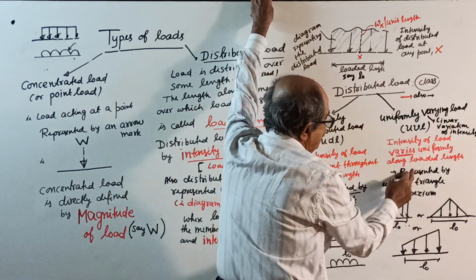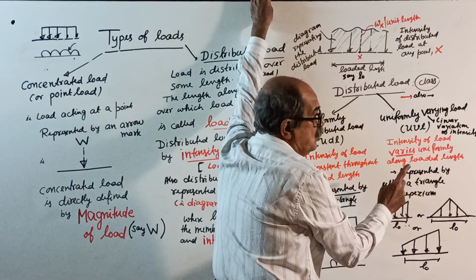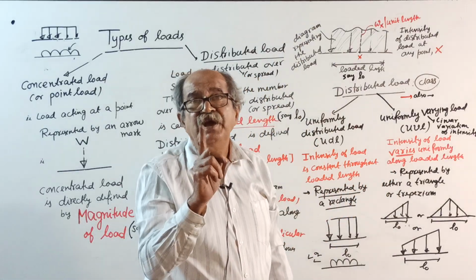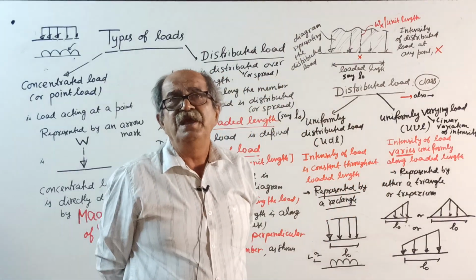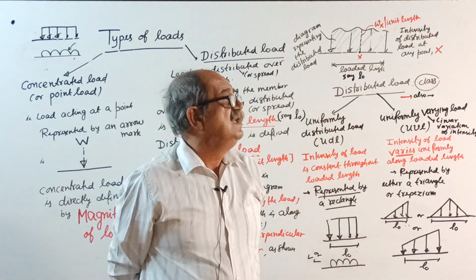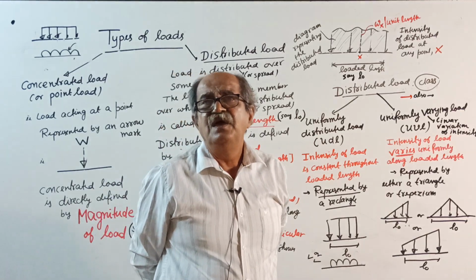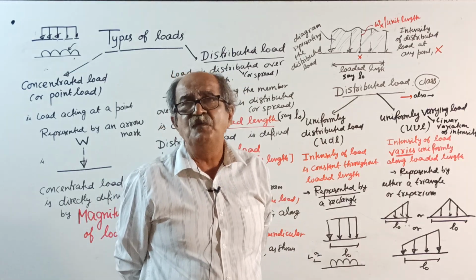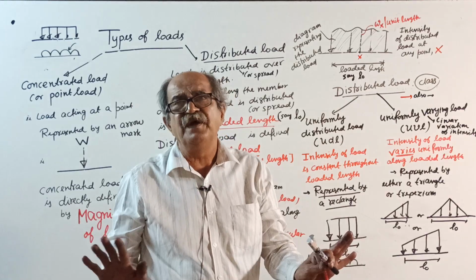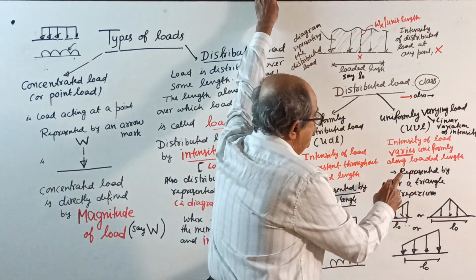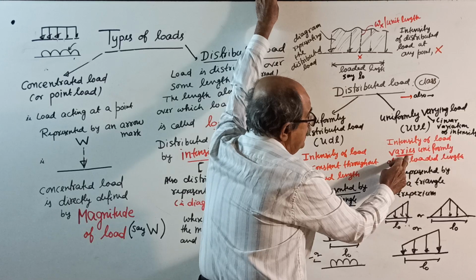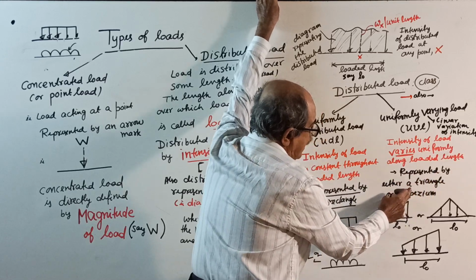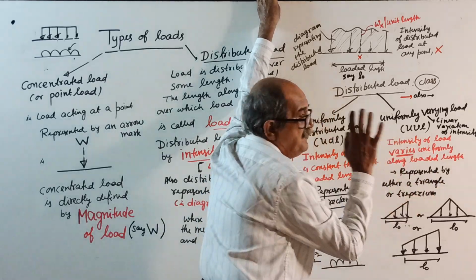Uniformly varying load is represented by, as I told, only linear variation for us. Parabolic of third degree, or irregular variation, or variation based on trigonometric functions, we are not bothered with here. So here, uniformly varying load, UVL, is represented by either a triangle or a trapezium.